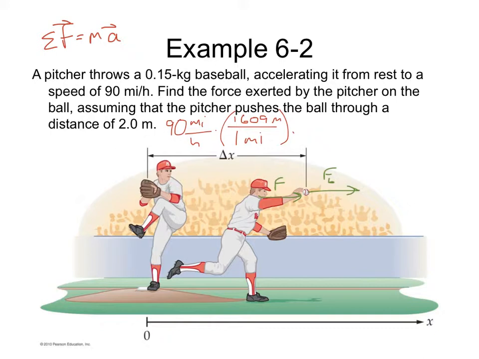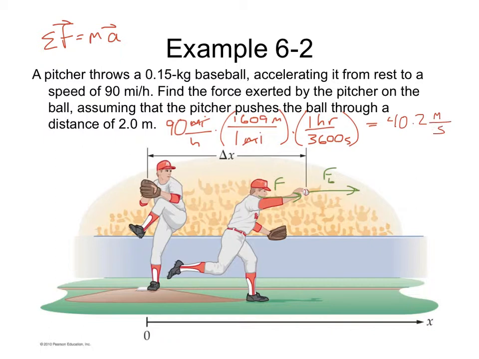So miles to meters, so that goes away. And hours, of course, we know 1 hour is 3,600 seconds, and so that'll give us a value in meters per second, which is 40.2 meters per second. So that's our velocity right here.